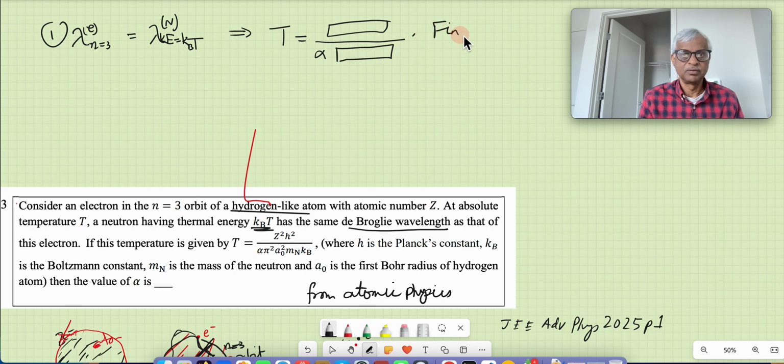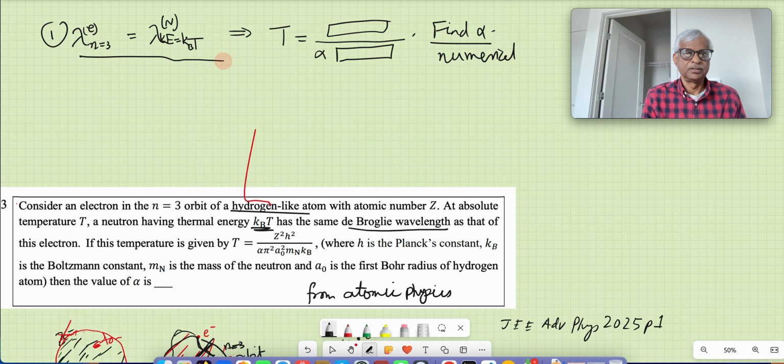Find alpha, a numerical value of this. It's a numerical value. Okay, so with this condition, if n equals 3, what is going to be lambda? We already said n lambda equals 2 pi rn.